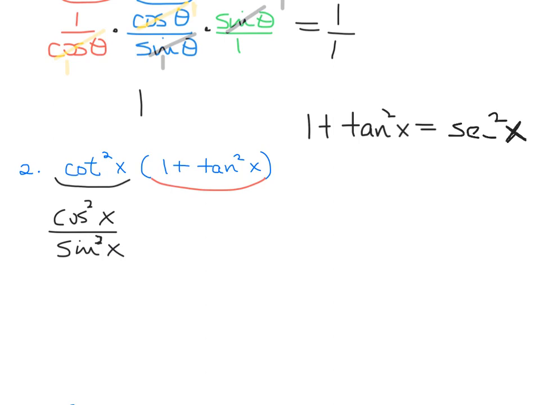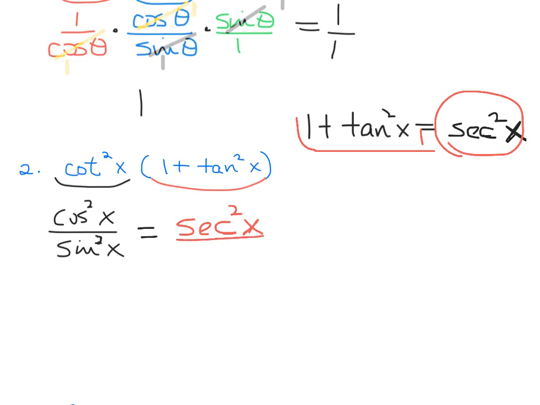So I'm going to take out the 1 plus, and in its place, I'm putting secant. So I'm going to replace that and put secant squared x.